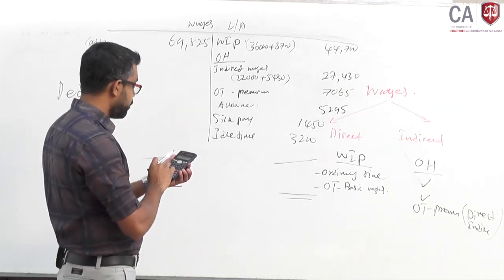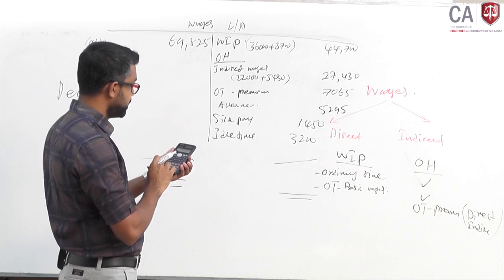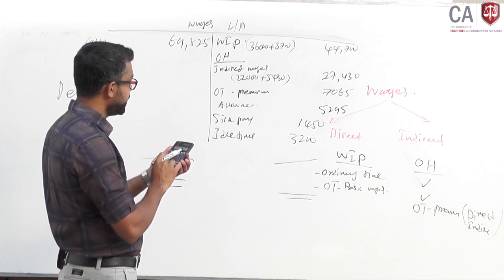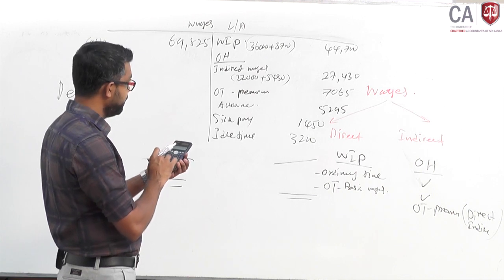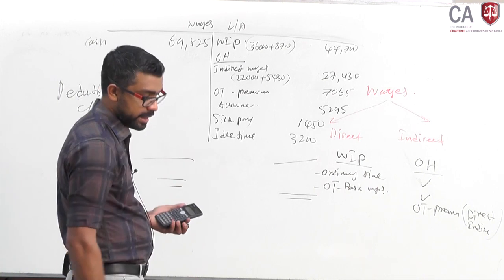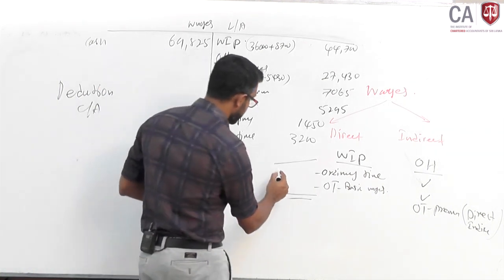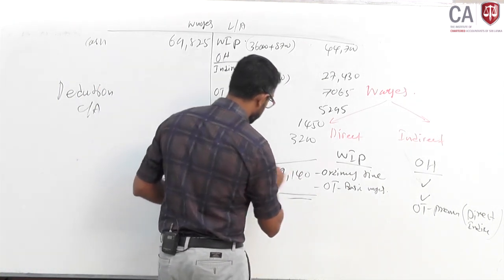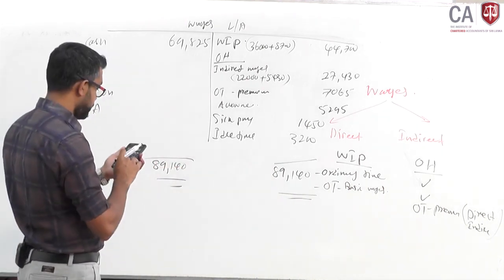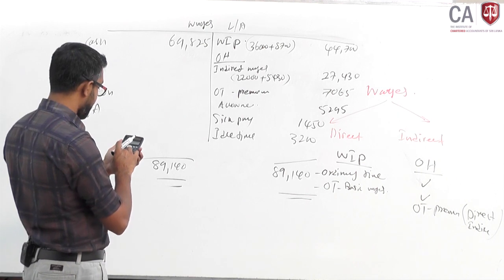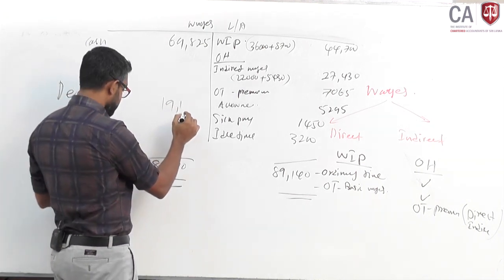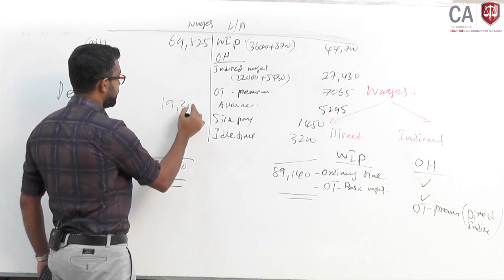But the total: 44,700 plus 27,430 plus 7,065 plus 5,295 plus 1,450 plus 3,200 is 89,140, minus 69,825 gives 19,315.